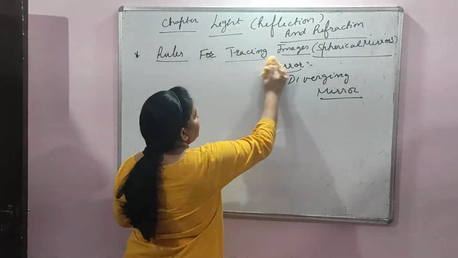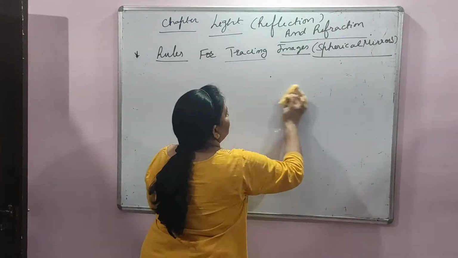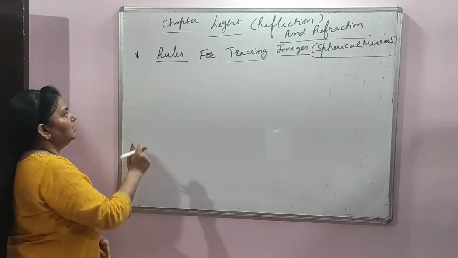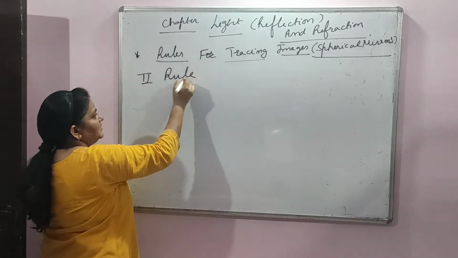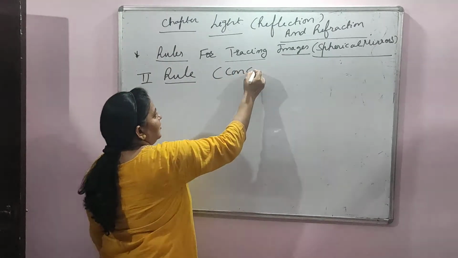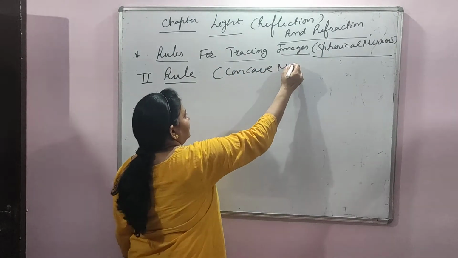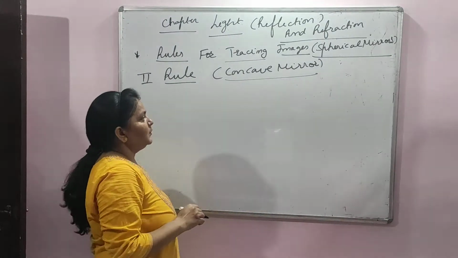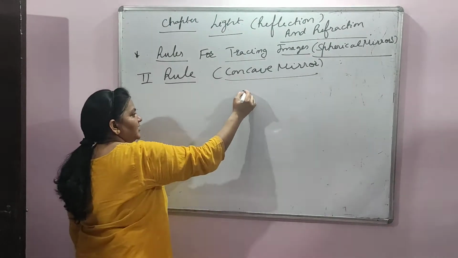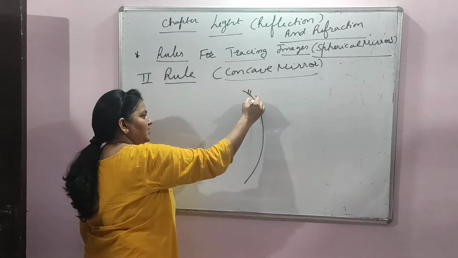And we will go with the second rule. Second rule for the concave mirror. The same rule will go for the convex mirror also. Now what is the second rule for the concave mirror? Just opposite to the first one which we have done.